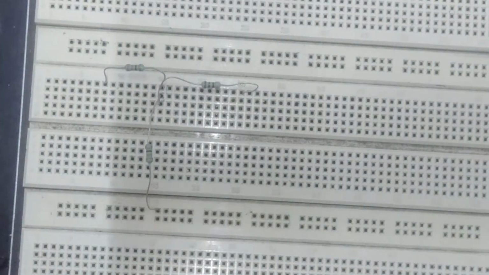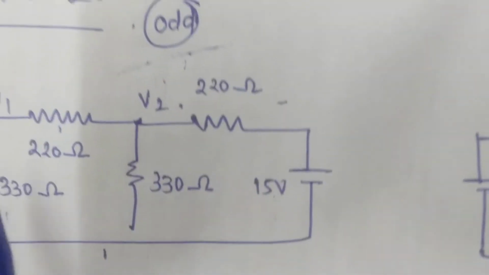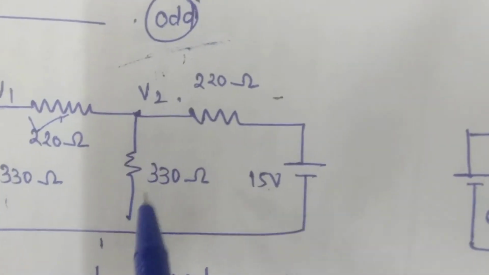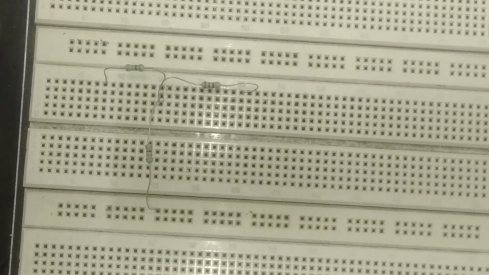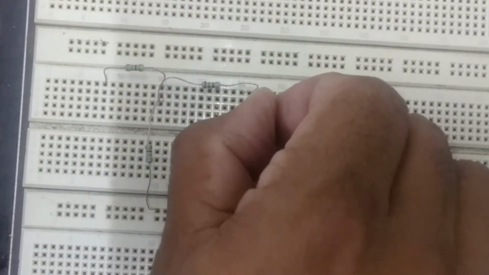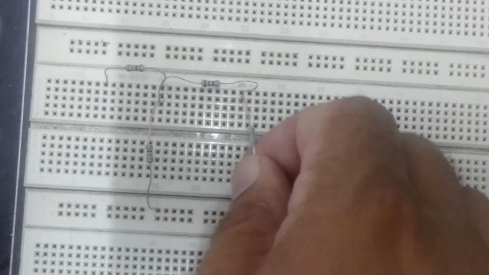Now this 220 ohm resistor is connected. Now I have to connect this 330 ohm resistor, so I will take this 330 ohm resistor and connect it at the end leg of this.